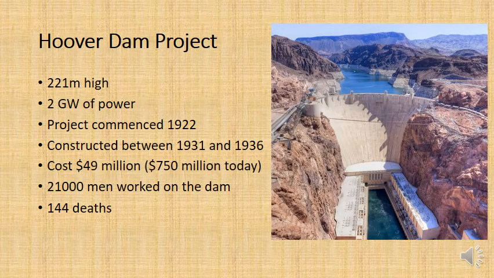I want to give you a few examples now of some key historical civil engineering projects. Now, the Hoover Dam was an absolutely massive dam when it was built. This is a famous dam. It's in Colorado, and it's from the 1930s. It's still there today.